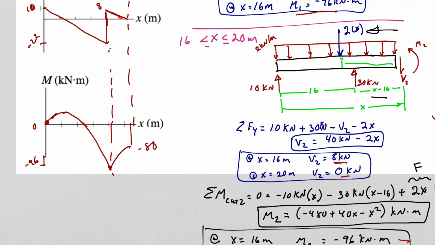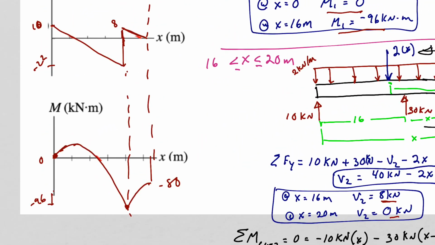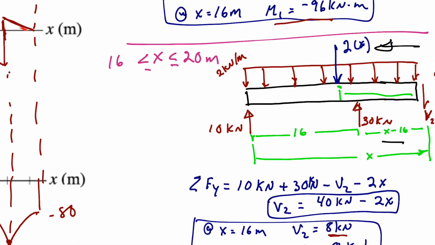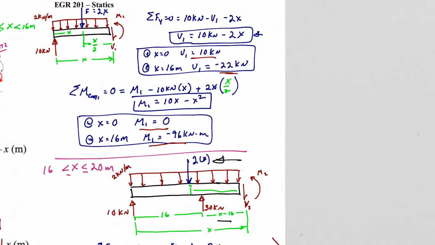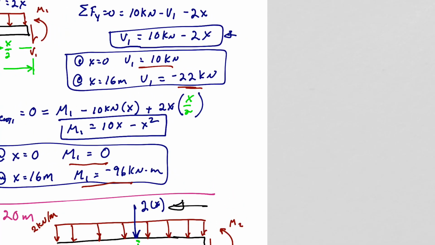So one thing we don't know is, what is this value at this peak here? How do we find that? We see that it is located at the same location where the shear crosses the 0 axis. So if we know that location, we can find that maximum. So how do we find that? Let's look at our equation here for our shear.